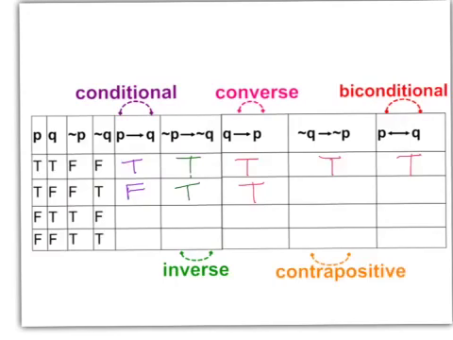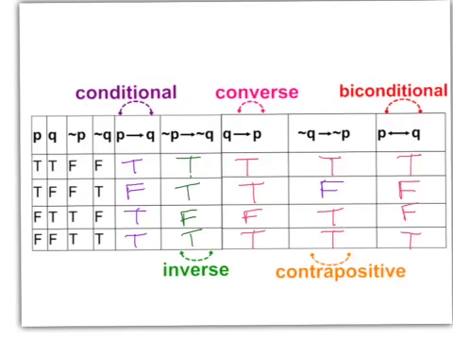And not Q implies not P. So true implies false, which means the overall statement is false. Finally, the biconditional, it's the conjunction, so and, of the conditional and the converse. So we have false and true, so the overall biconditional is going to be false.